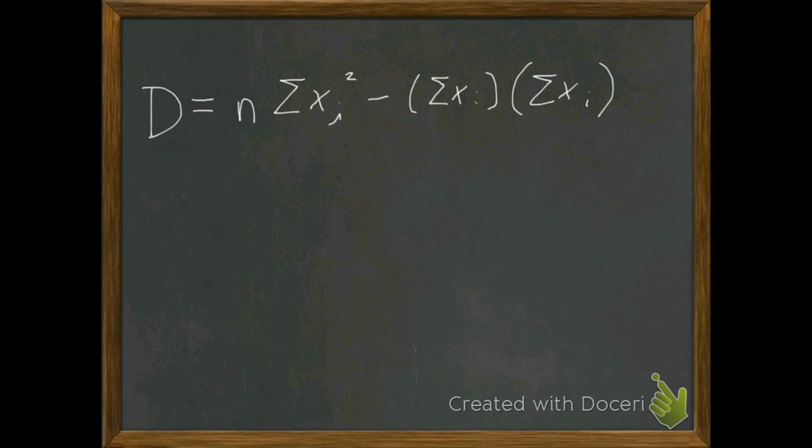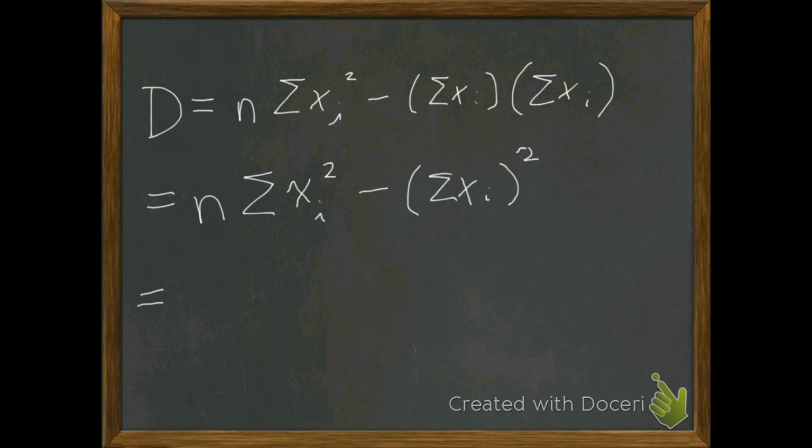So what we have now is n times the sum of xi squared. And obviously the summations are from i equal 1 to n, because the x's we're examining here are just the x coordinates of the data that we've collected. Now, I want to play a little trickery here.